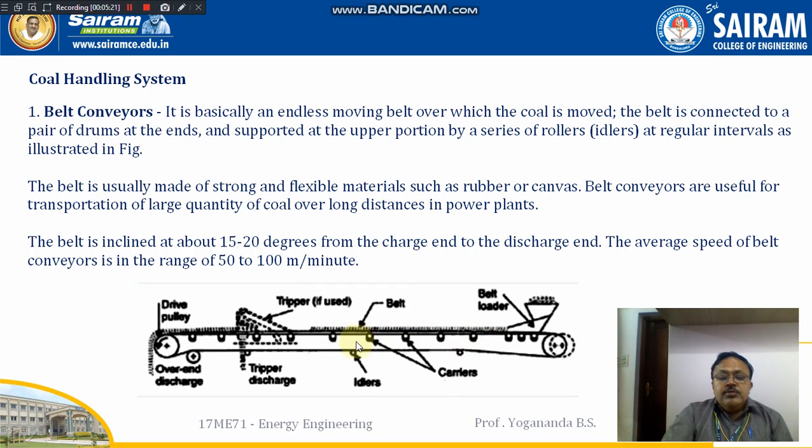The rollers are placed at regular intervals as shown in the figure. The belt is usually made of a strong and flexible material like rubber or canvas. Belt conveyors are used for transporting a large quantity of the coal over long distances in the thermal power plants.